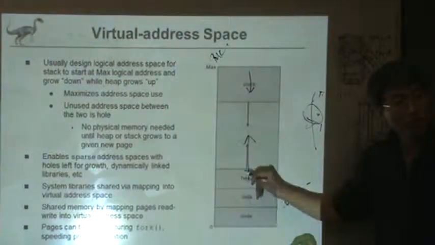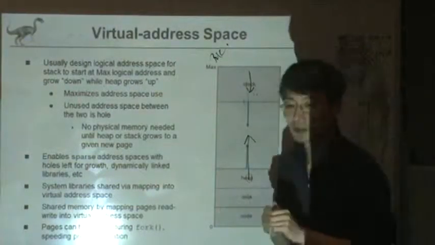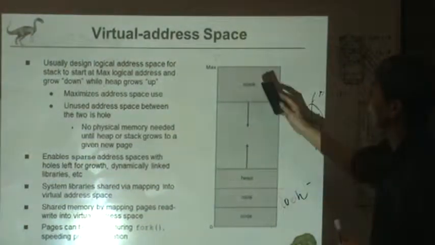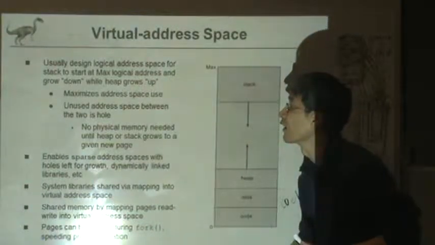So the stack grows this way and the heap is a temporary area. So I think that this is something wrong. Okay, but I didn't check whether virtual space uses a different data structure.